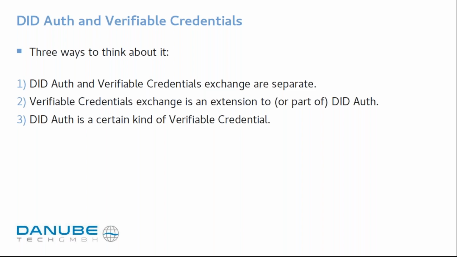One approach I've seen is to say that they are separate things. That DID Auth is about proving control of a DID, right? It's a protocol or a mechanism where I prove that I control a certain DID. And then a verifiable credential is something else. A verifiable credential is the university says that I have a diploma, or the state says that I have a valid driver's license.